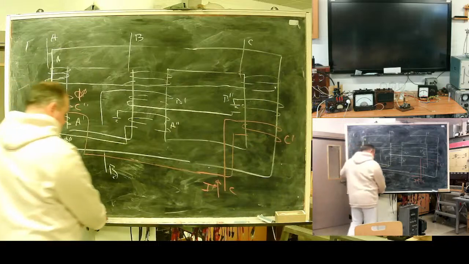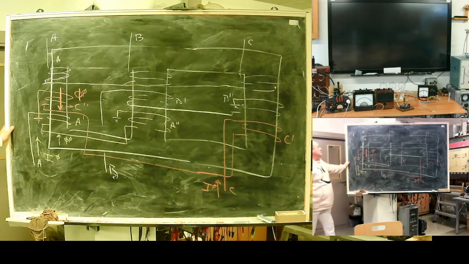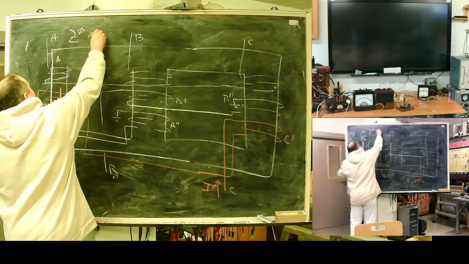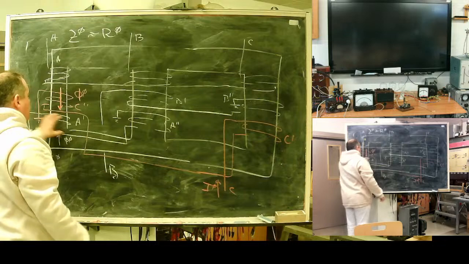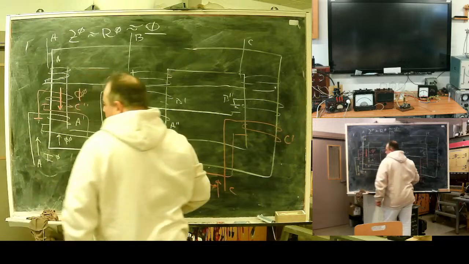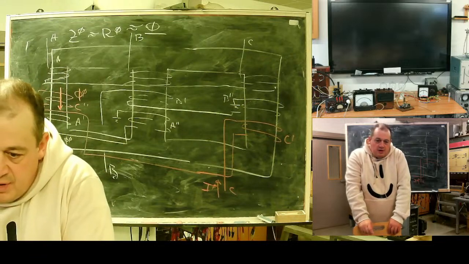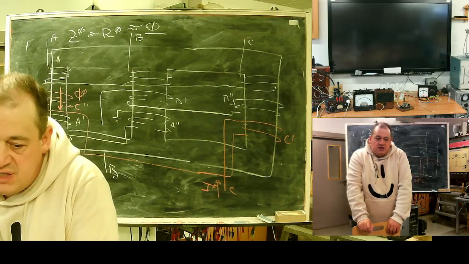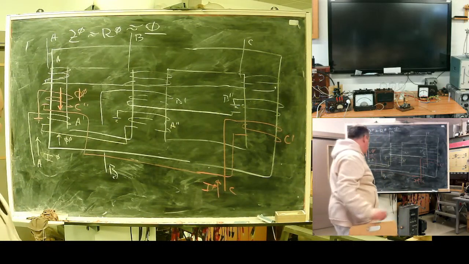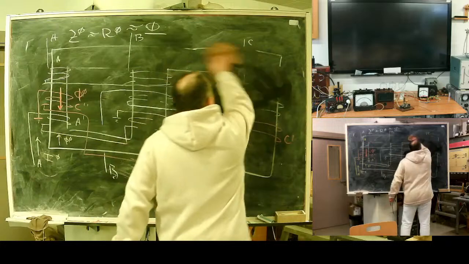As a result, zero sequence resistance of such a transformer is nearly zero. Approximately only the active resistance of the wire, so it will be zero. Such a transformer will have nearly zero resistance to zero sequence current. Special transformer.